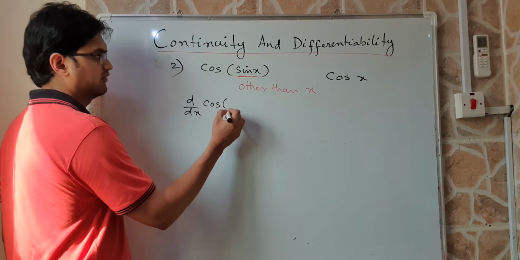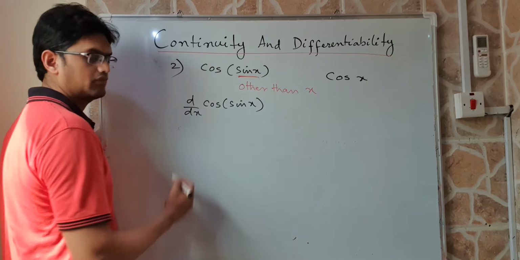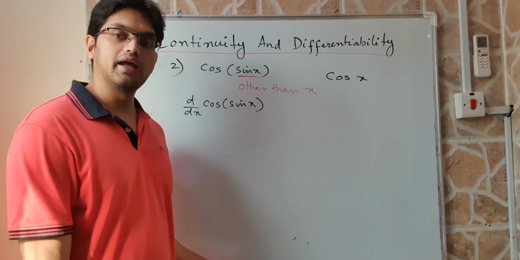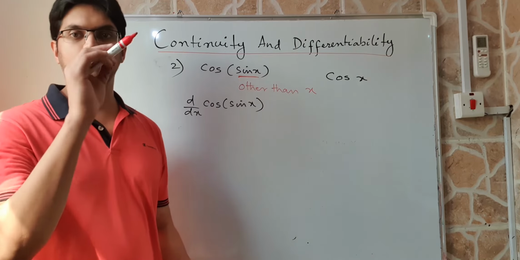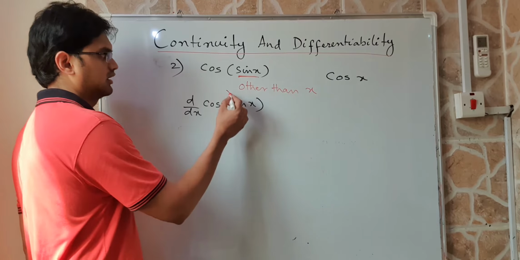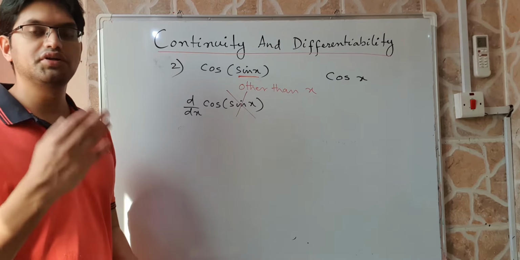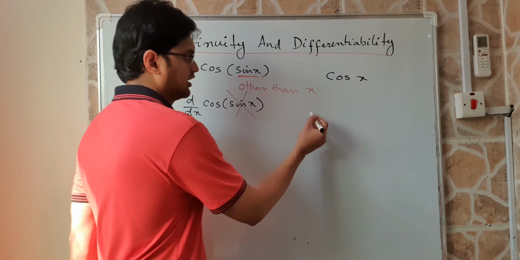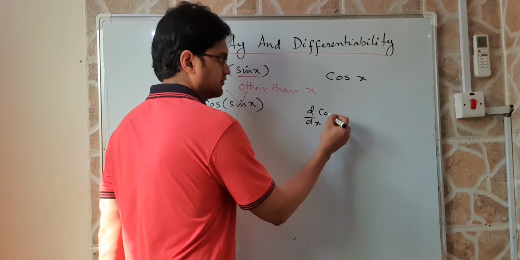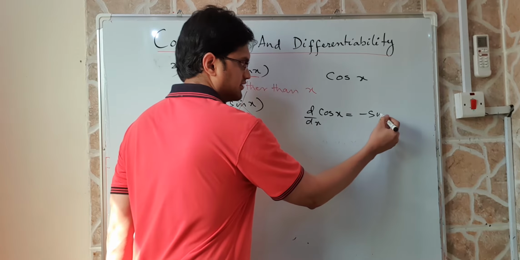Derivative of cos of sin x. Treat the angle which is not x to be our capital X. Next, what is the derivative of cos x? It is minus sin x.